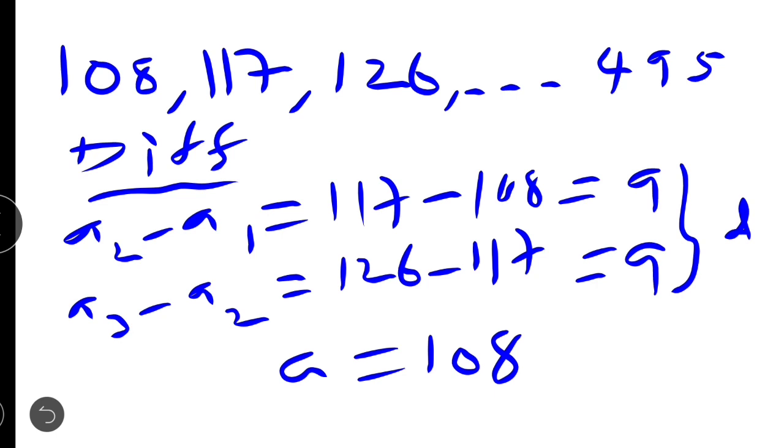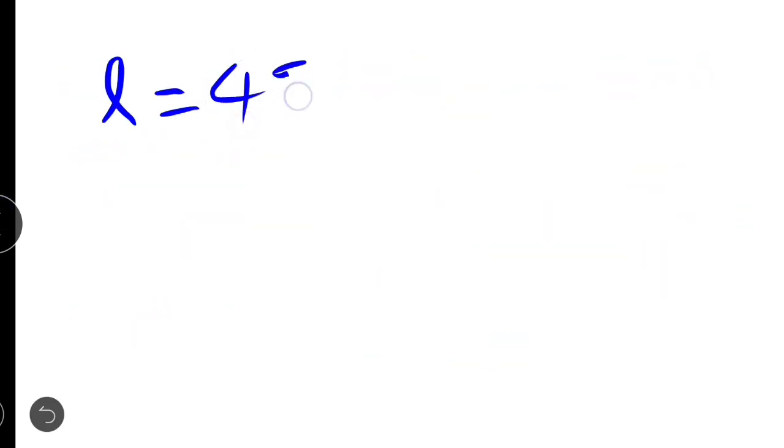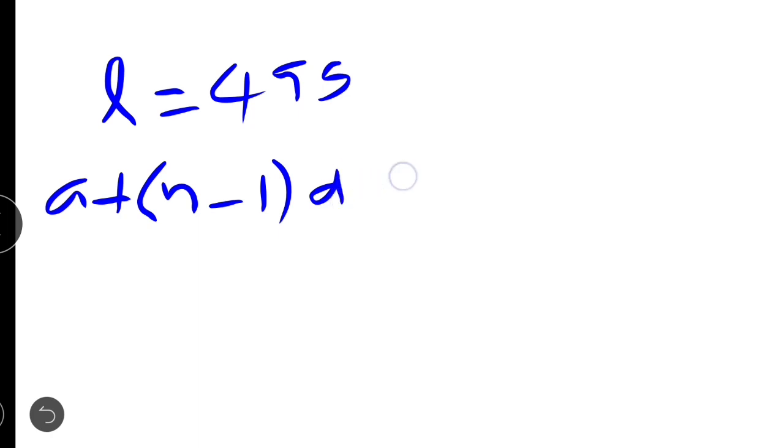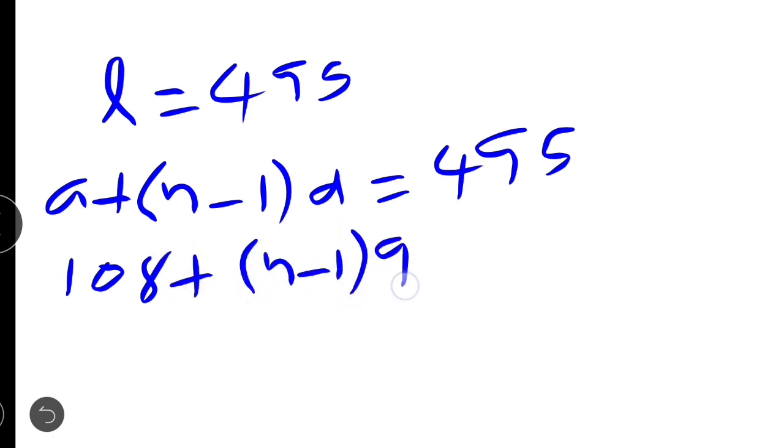To find the number of terms in this list, let's equate the last term, 495, to l. The l formula is a plus n minus 1 into d, so it equals 495. Substitute the a value: 108 plus n minus 1 into the d value 9 equals 495.